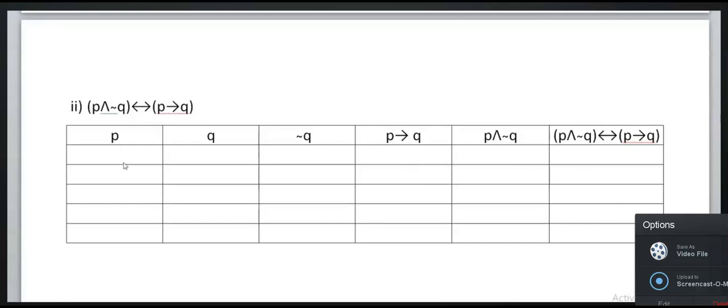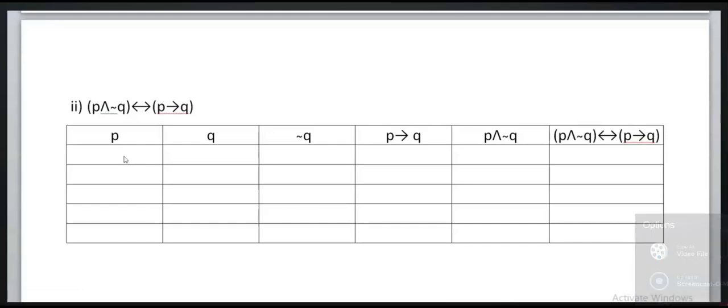Now see this again. First we will write double T, double F. Next is TF. Negation of Q: FT.